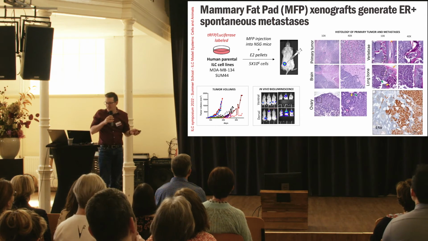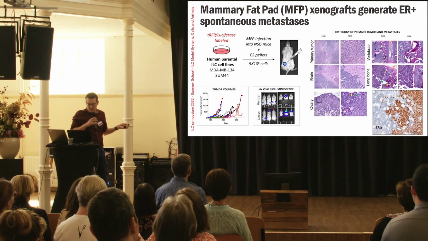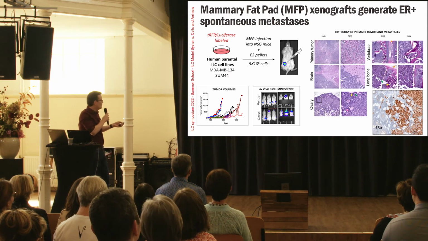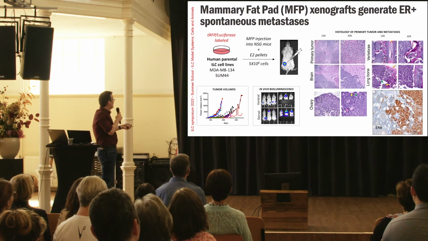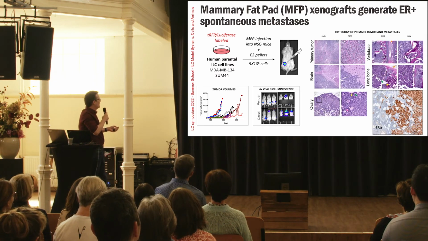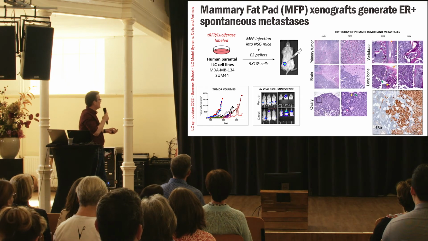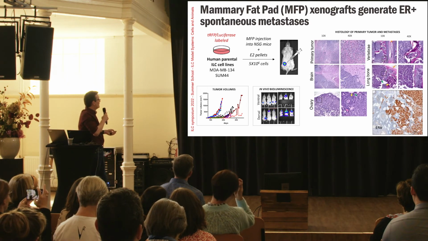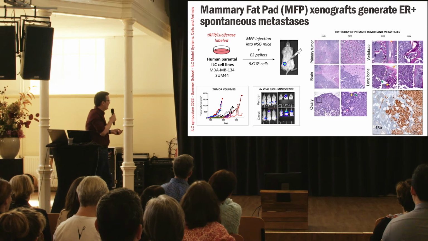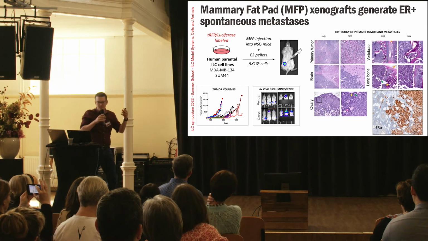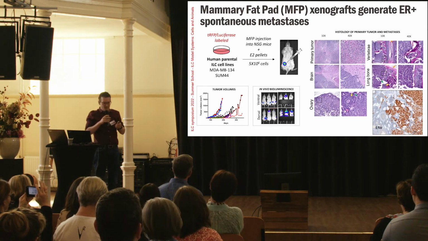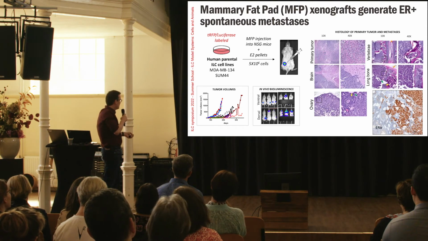This is unpublished data from Andreas and Steffi's lab, where they took some of the cell lines, put them in the fat pad, and injected them back in the mouse in vivo in the presence of an estradiol pellet. That helps the growth of the cell lines. Here you see the time scale.